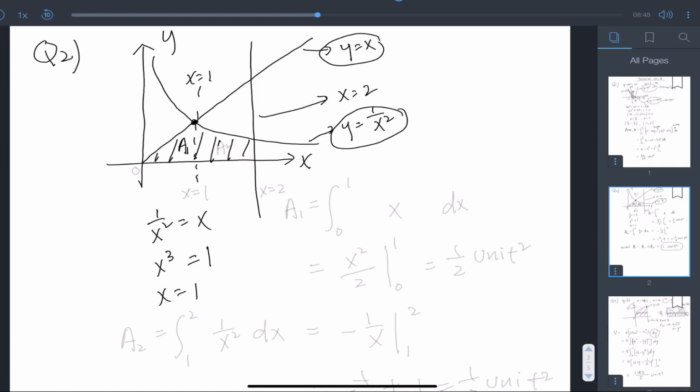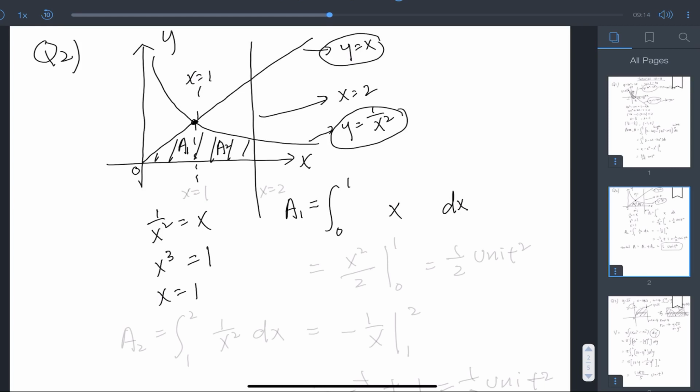So we can form two integrals, the first to find area 1 and the second to find area 2. How do we form the integral to find area 1? Area 1 is from 0 to 1 with dx width, and the length is y equals x.